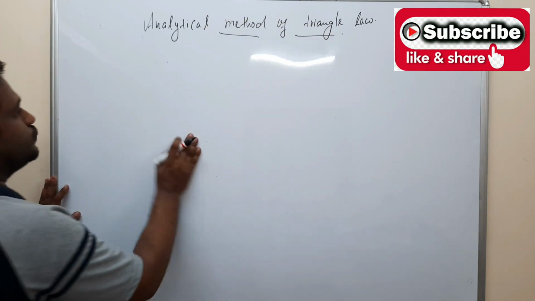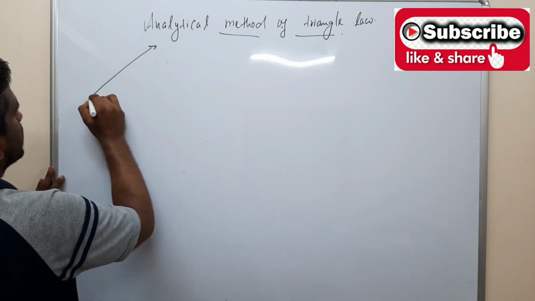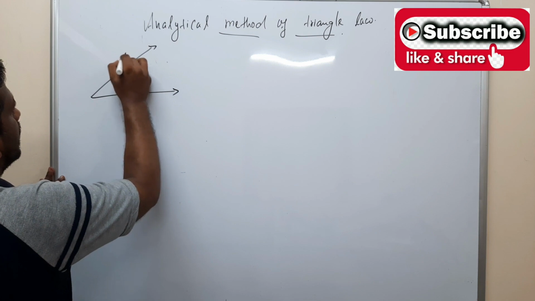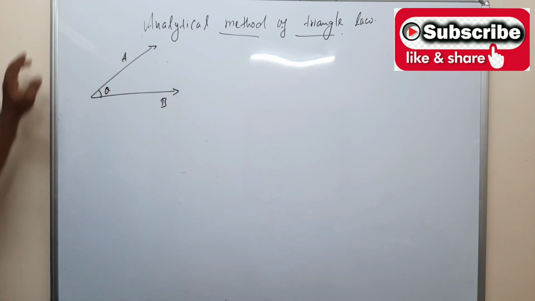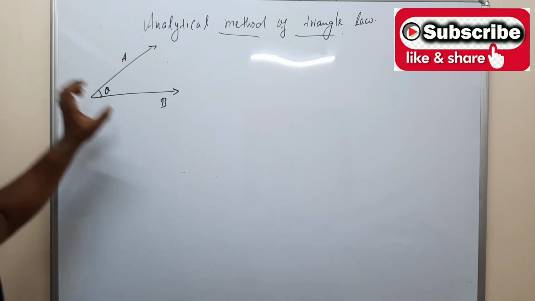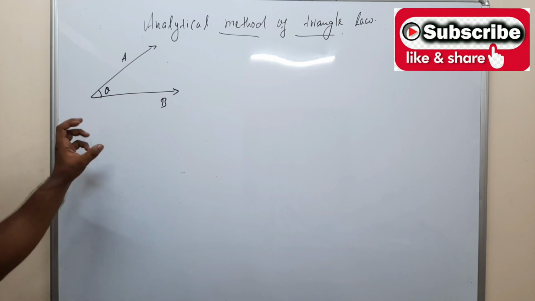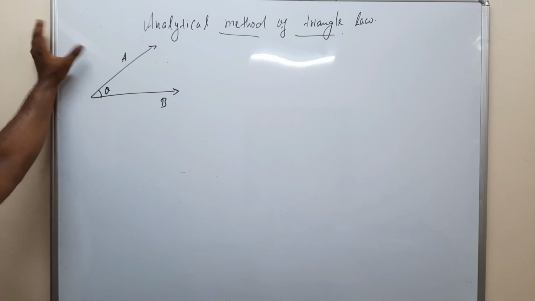Suppose two vectors A and B are inclined at an angle theta. Find the magnitude of the resultant and the direction of the resultant of these two vectors using the triangle law of addition.